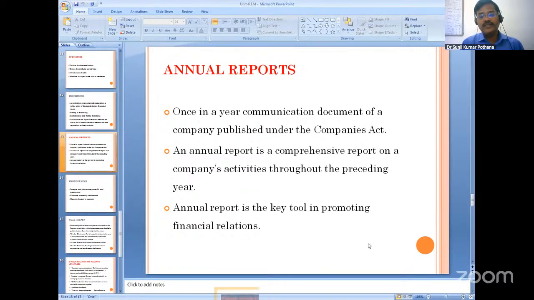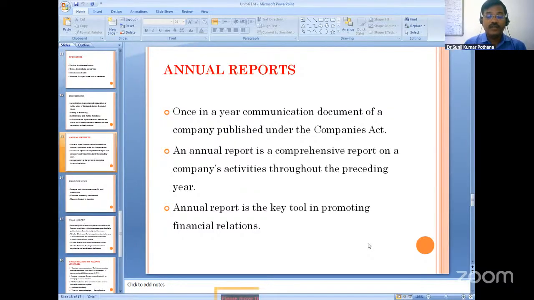Another tool is annual reports. What is an annual report? Why is it required? An annual report is a comprehensive report on a company's activities throughout the preceding year. Generally, once a year, a communication document of a company is published under the Companies Act. The annual report is the key tool in promoting financial relations.